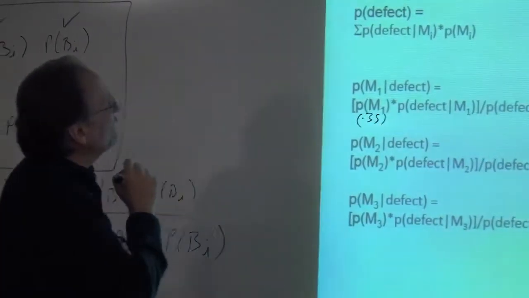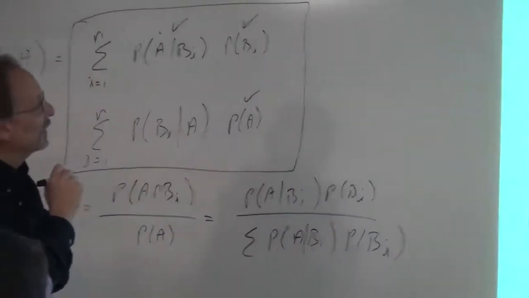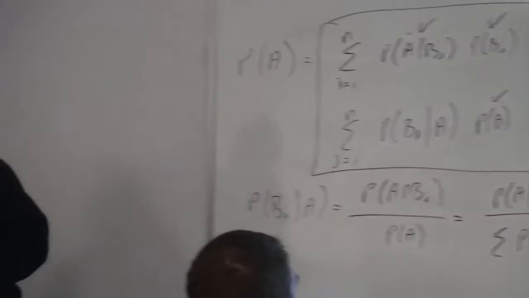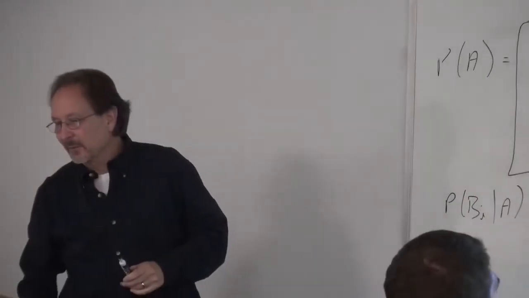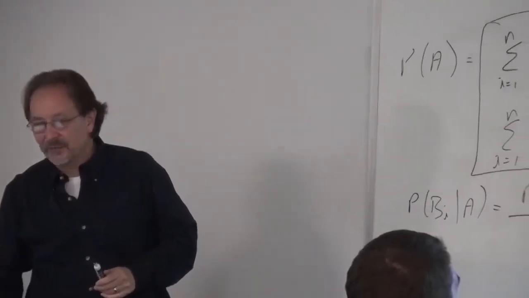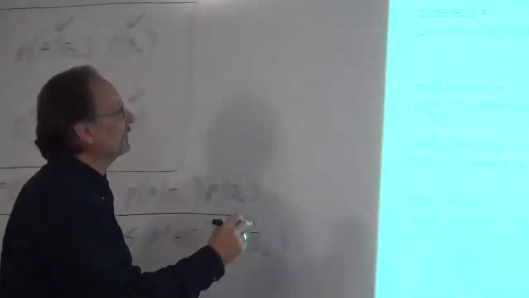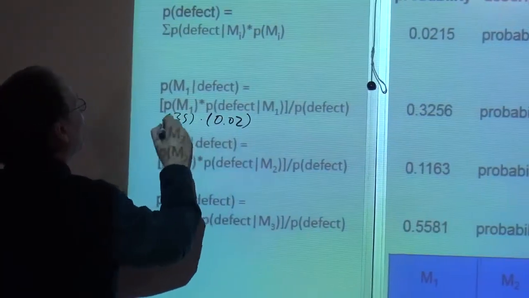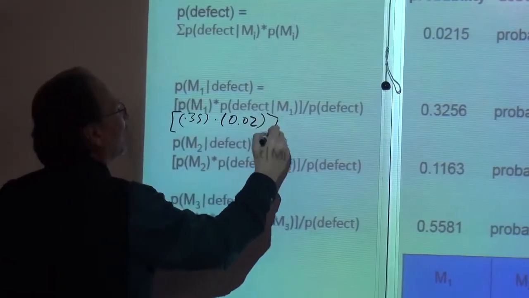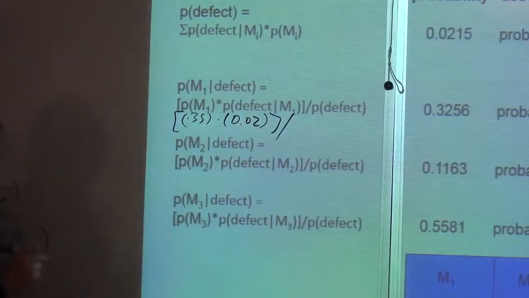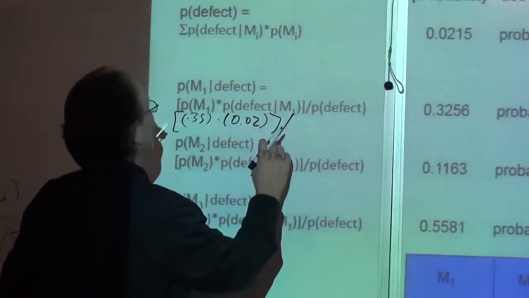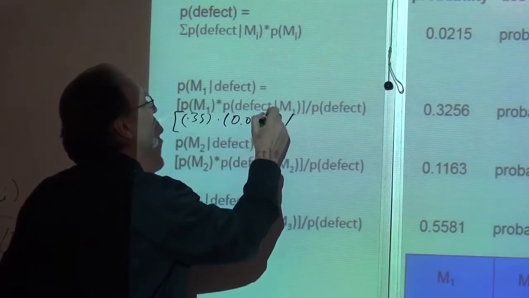The probability of the defect, given that we're on machine 1, we already know is 0.02, for machine 1. So it's 0.35 times 0.02, okay? And then we divide by the overall probability of defect, which we just calculated at 0.0215.